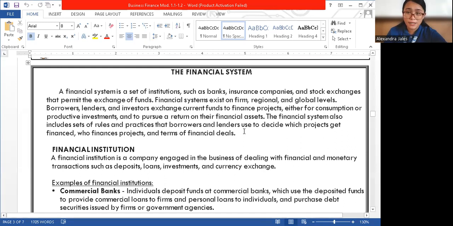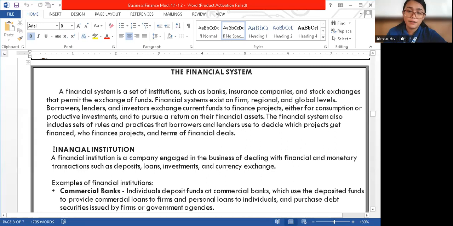That is actually related to our topic, which is included in your financial institution. Take note, in the financial system, it is about processes that borrowers and lenders use to decide which projects get financed, and of course about financial deals.